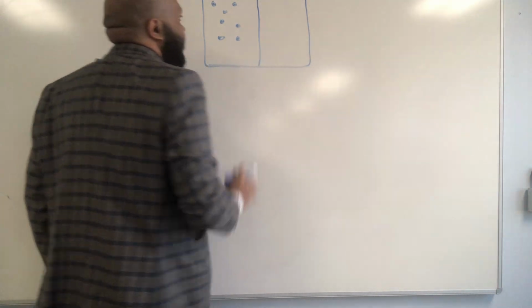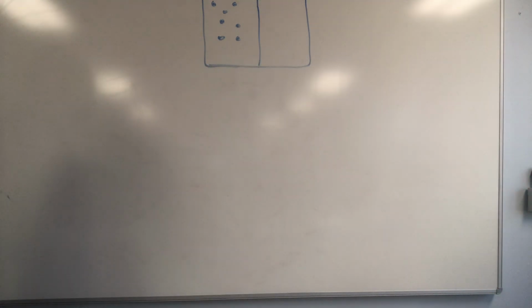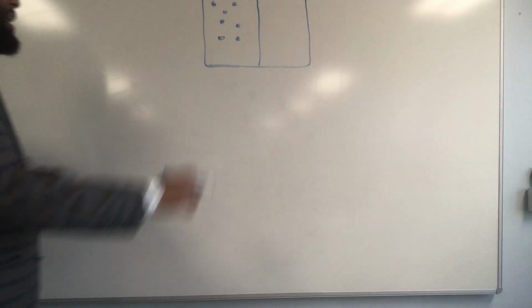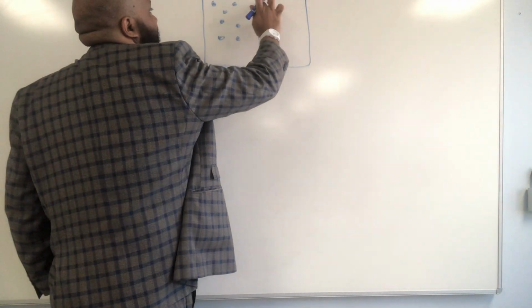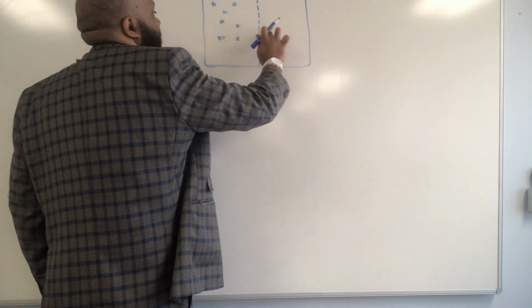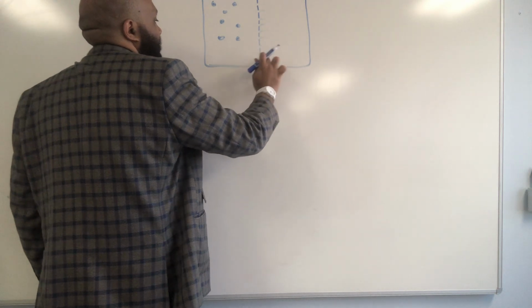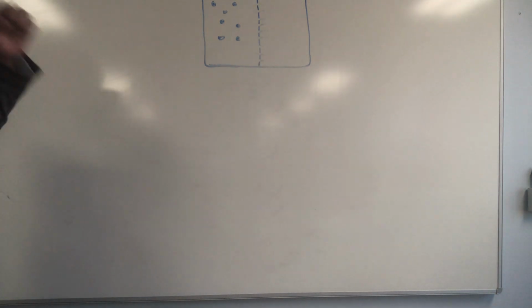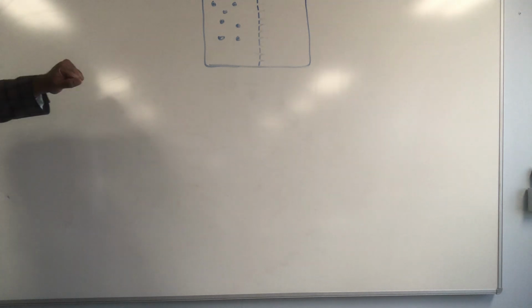On side B, I have 0. Then I make it a semi-permeable or differentially permeable membrane. What is going to be the result of the experiment?